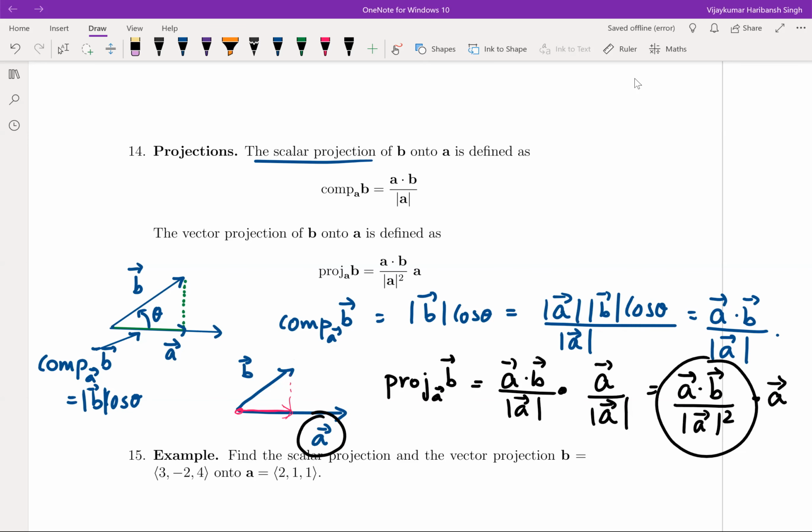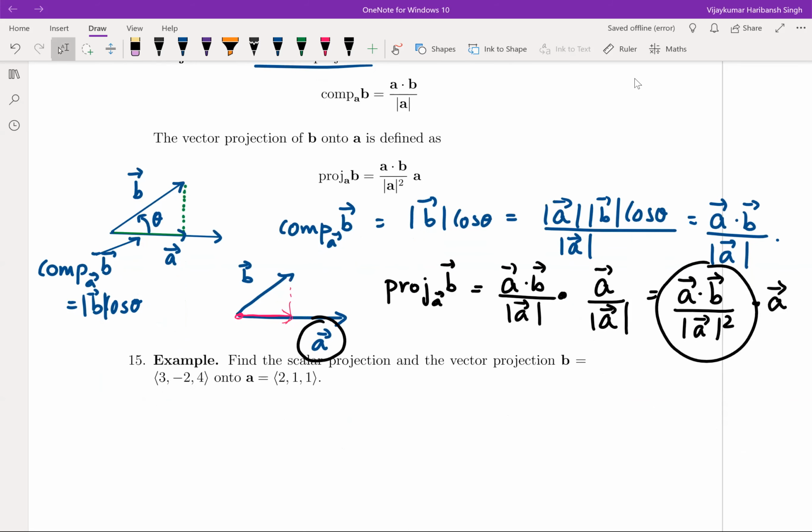Okay, so now let's do a computation. Find the scalar projection and vector projection of B onto vector A. So how would we go about it? Let's write down first. The component of B along A, we have already derived a formula for it. So let's use that formula.